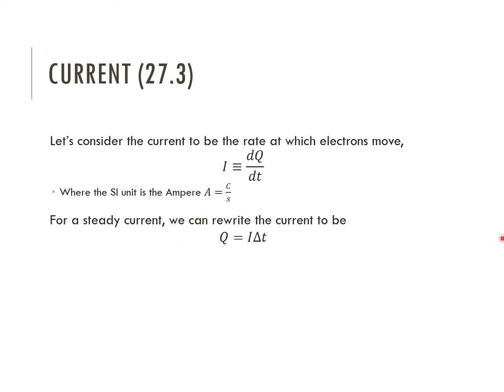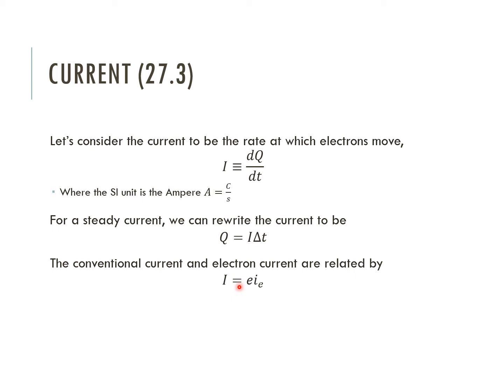So we need to talk about something that's related to electron current. Conventional current, which is this I here, is related to the electron current by just taking the electron current, multiplying it by charge.